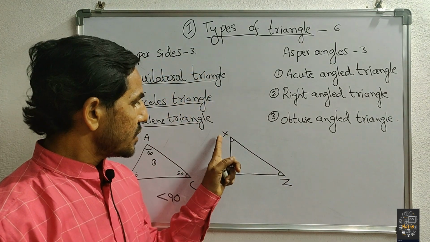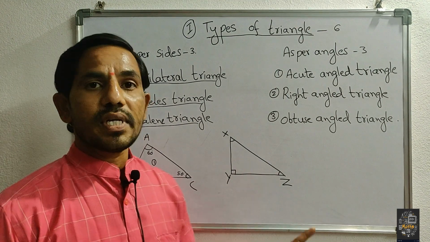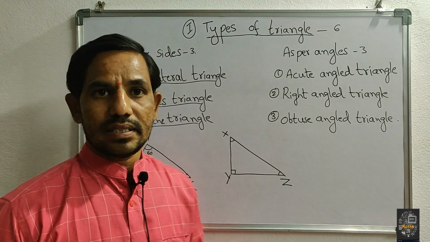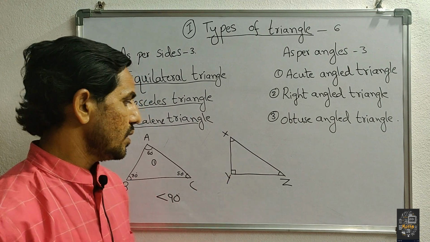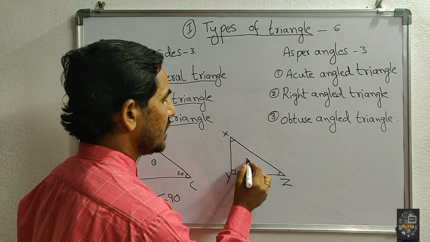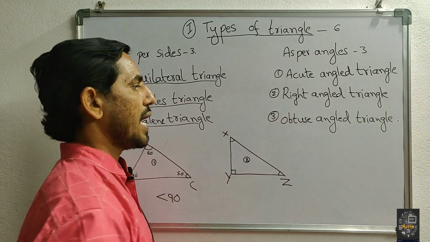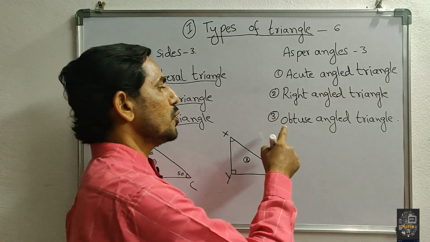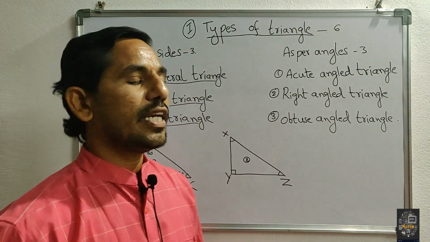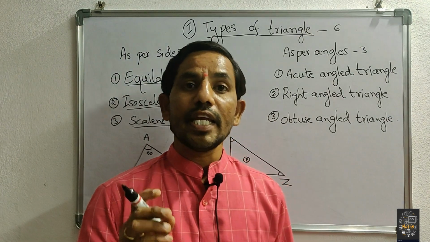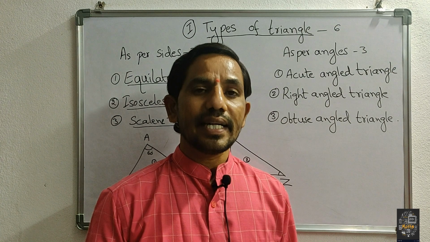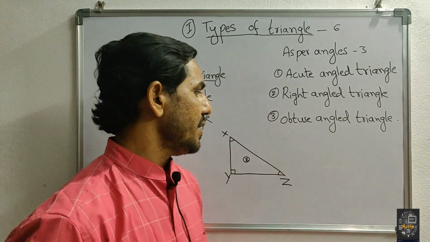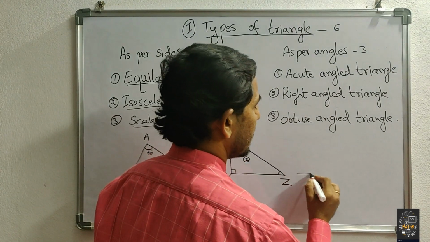Means X and Z are less than 90 degrees and only Y is equal to 90 degrees. So this is the second one, right angled triangle. And come to obtuse angled triangle. In which triangle any one angle is more than 90 degrees, that is an obtuse angled triangle. Okay, this is the diagram.